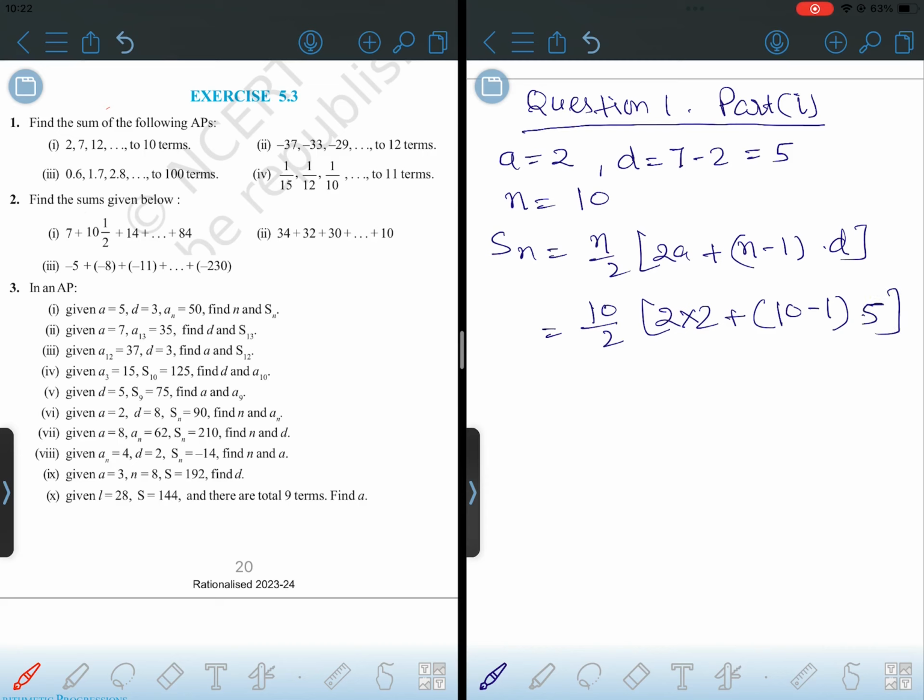So this is 5 in bracket, 4 plus 9 into 5 is 45. And if you add these numbers, that gives you 5 into 49, that gives you 245. So this is the sum of the given AP. The first part is done. Let's do the second part.